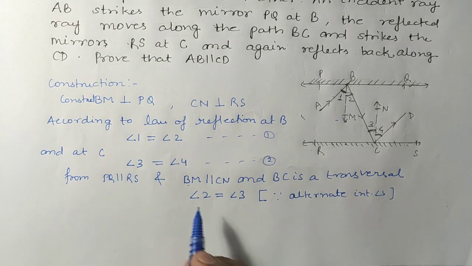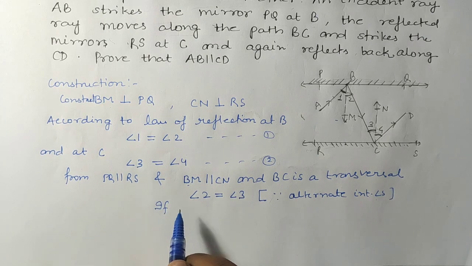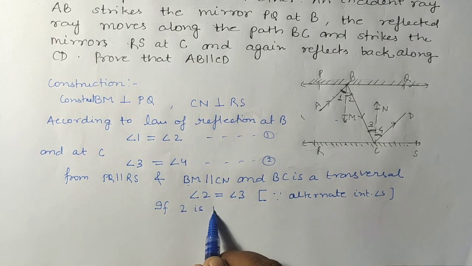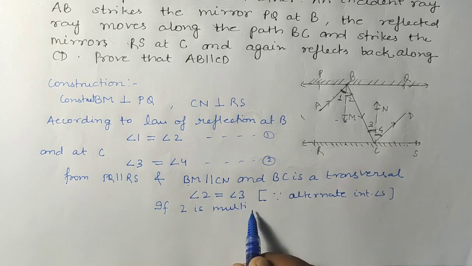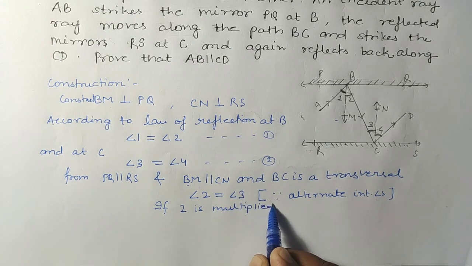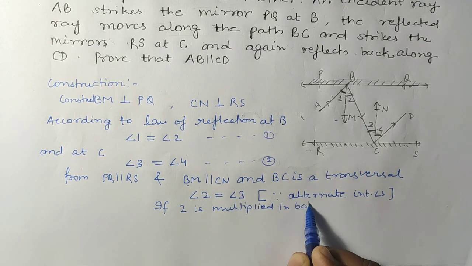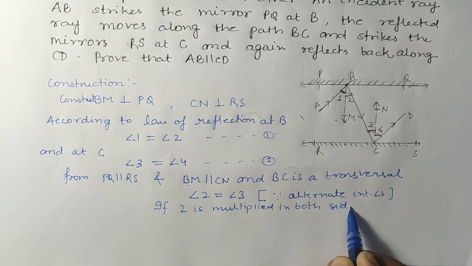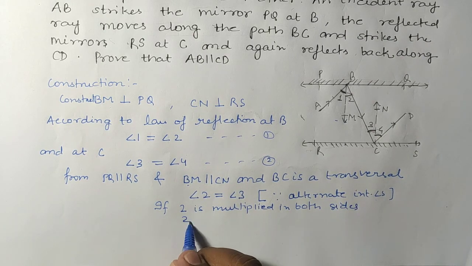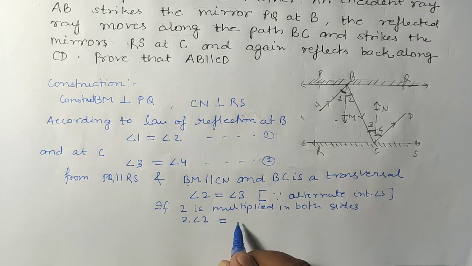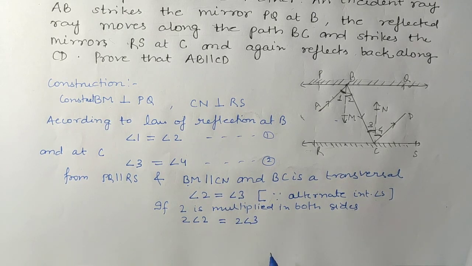If we multiply by 2 on both sides, then we can say that it is 2 into angle 2 and 2 into angle 3. 2 into angle 2 means angle 2 plus angle 2, and 2 into angle 3 means angle 3 plus angle 3.